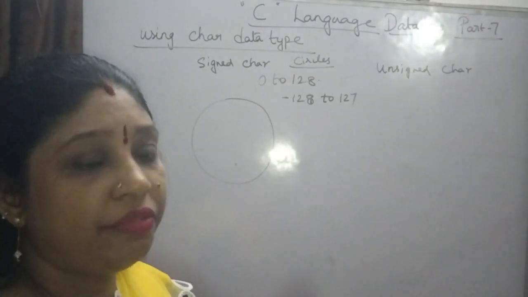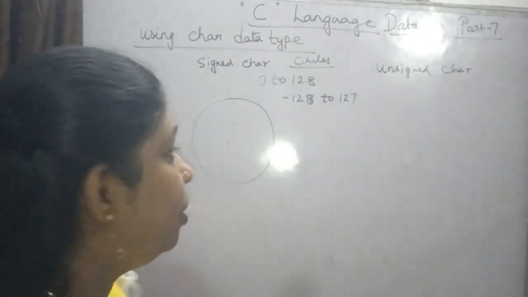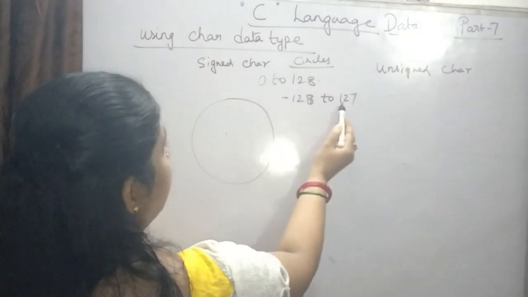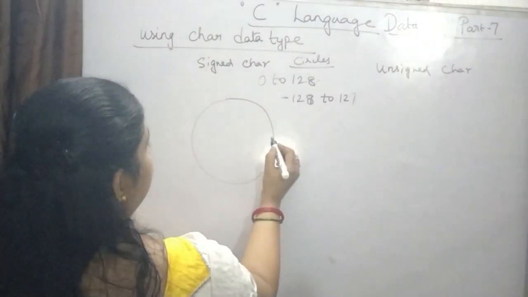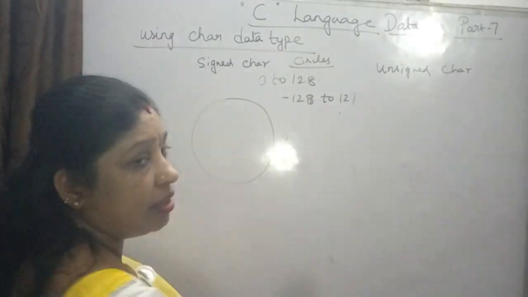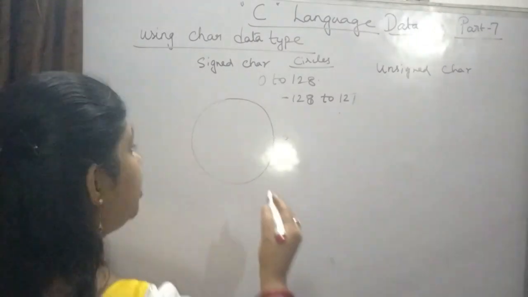In this, signed means what? You have positive and negative values. That's why minus is there, and positive values are there. Here it starts from 0.